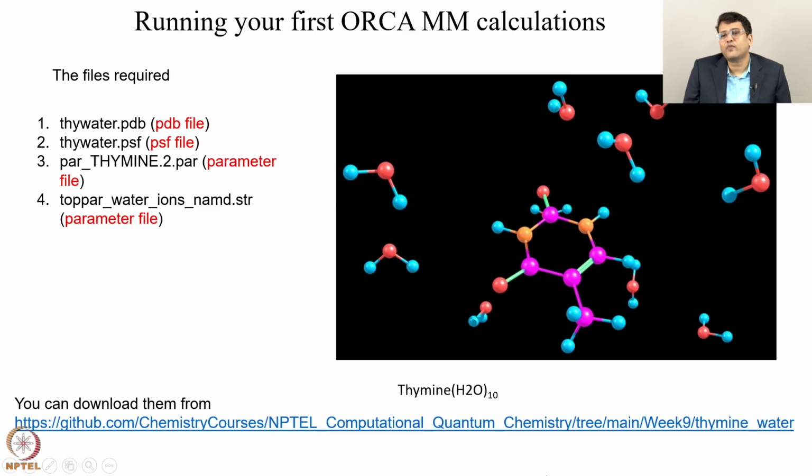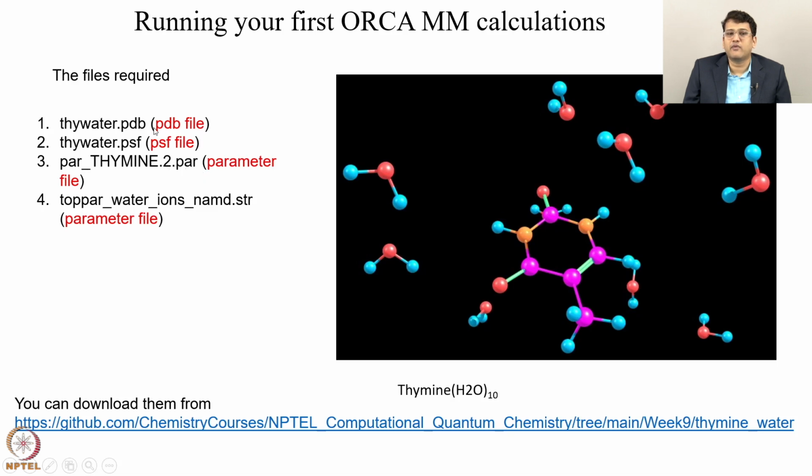So, this is a system containing thymine surrounded by 10 water molecules. To simulate that, what you need is the geometry in the PDB file, the thymine-water PSF file, which is the CHARMM compatible force field and tells which kinds of interactions are taken, and their individual values will be taken from par_thymine.2.par.